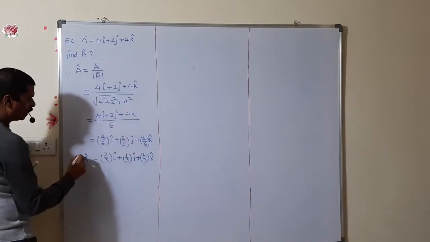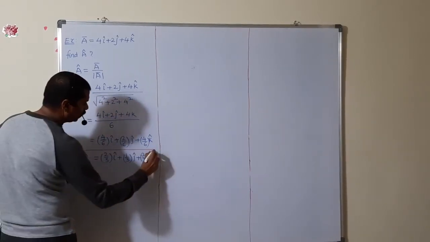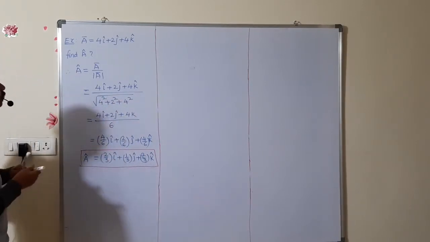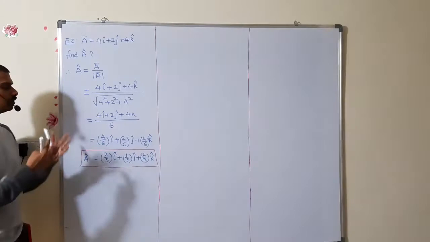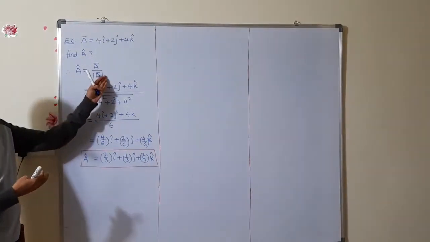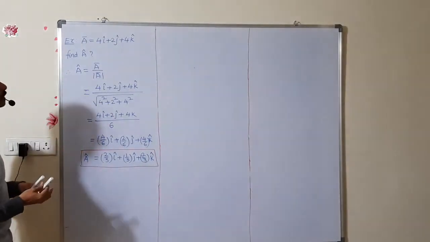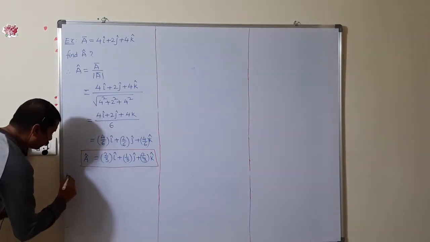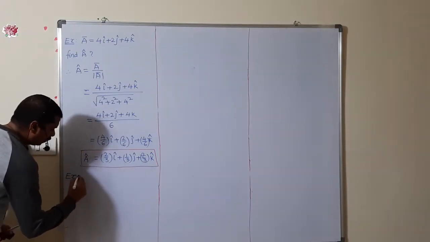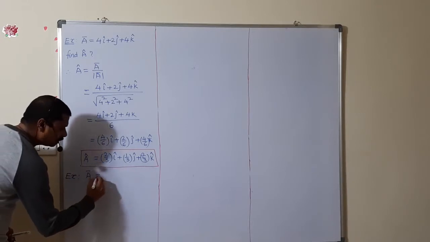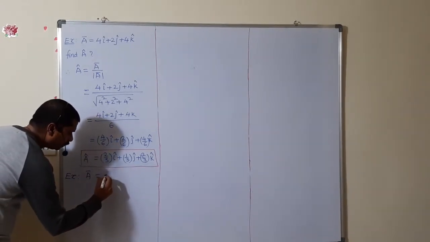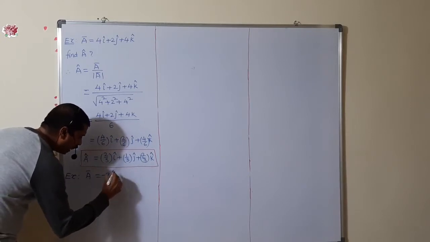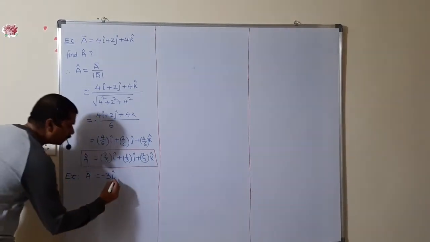Like that we can find the unit vector of any given vector by using this method. We can solve so many sums by using this concept. These are the three examples. Otherwise, one more example: vector A is equal to minus 3i. Tell me which vector it is.